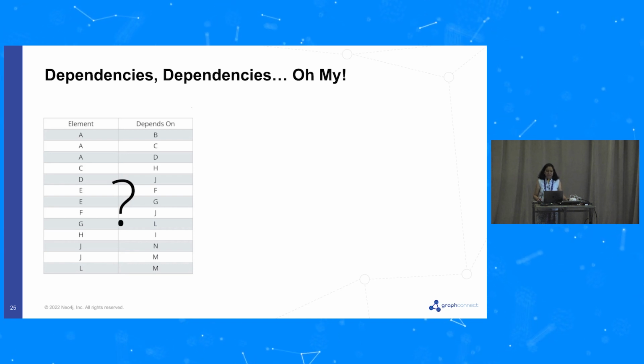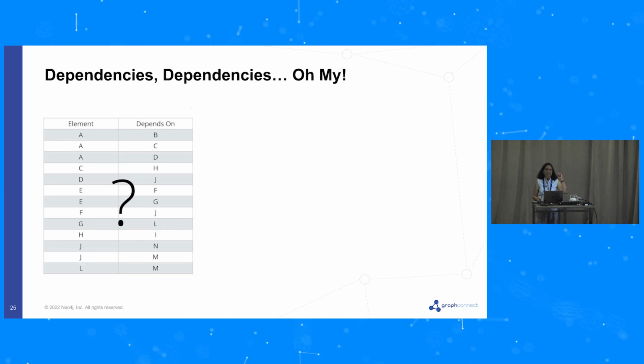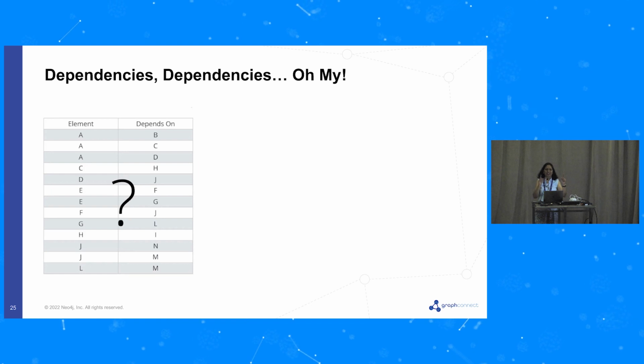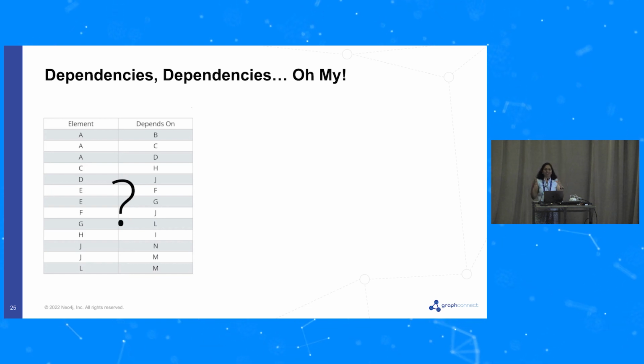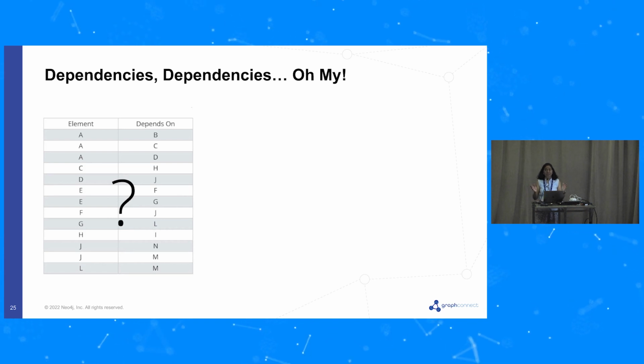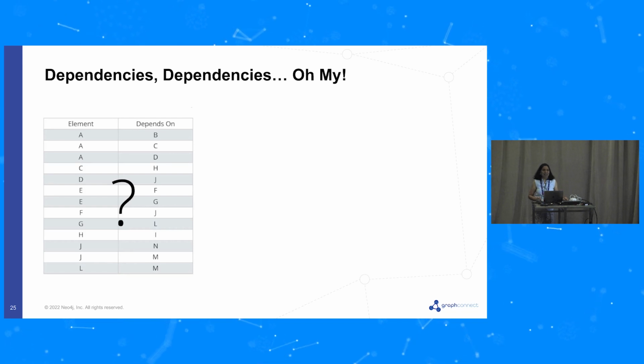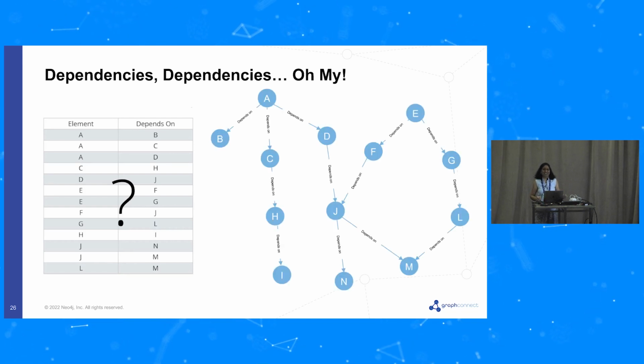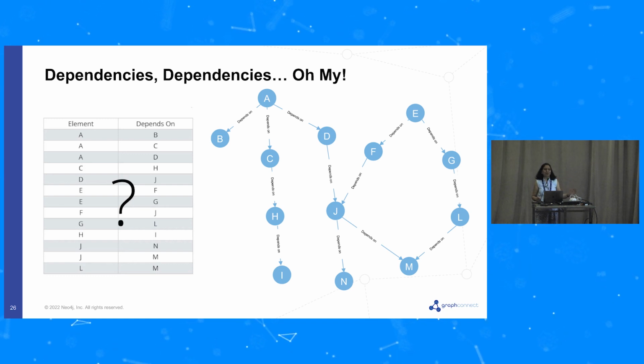And the reason for this is because what your brain is doing is it's trying to connect element A with element B, and then you're going to see if element B is connected to F. And then again, A to C, C to F. And you're trying to do all of this in a very short amount of time. But imagine this. If you were to map this in a knowledge graph, you can see immediately that, I'm sorry to say for those who raised your hands, there is no dependency between element A and element F.